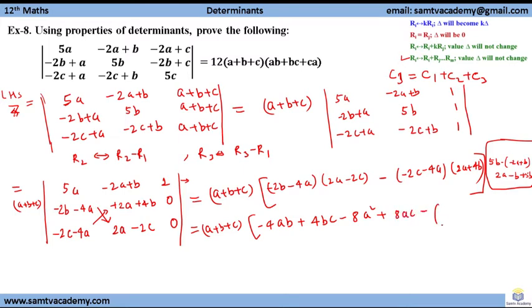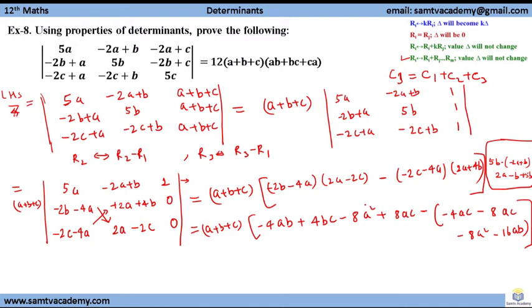Then minus, first we will solve this, minus 4ac, minus 8ac, minus 8a square, and this will be plus 16ab.